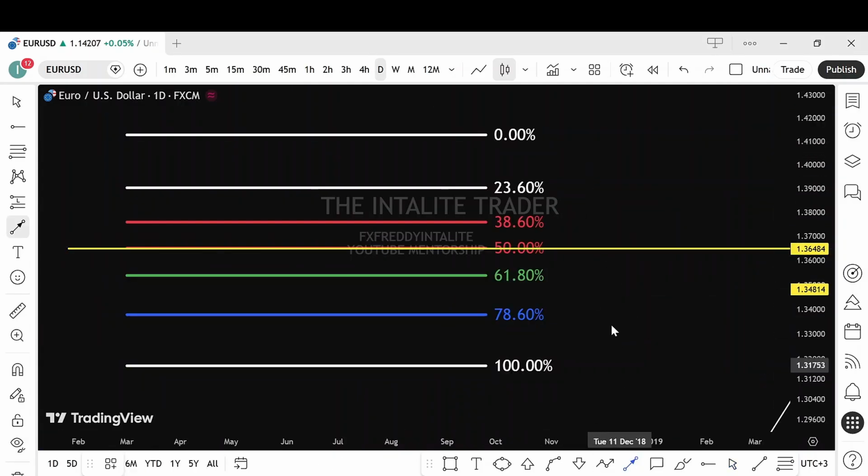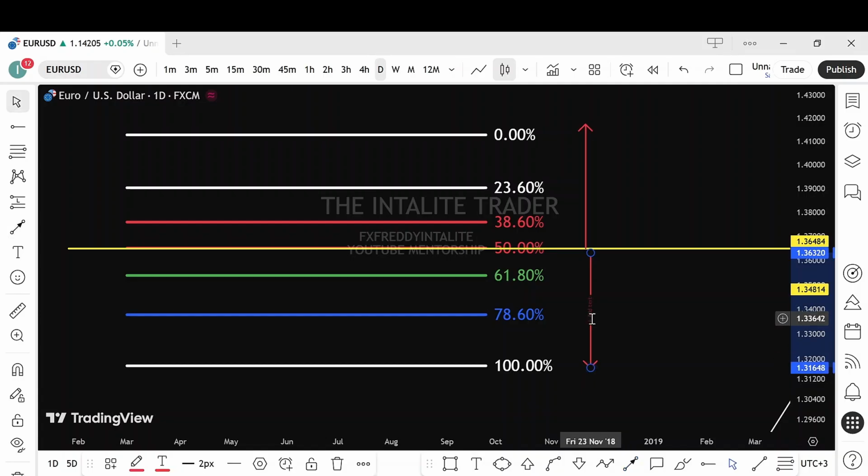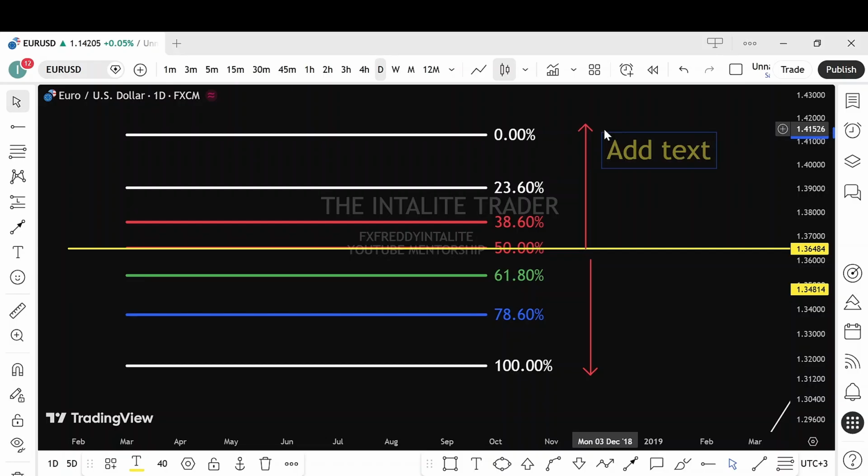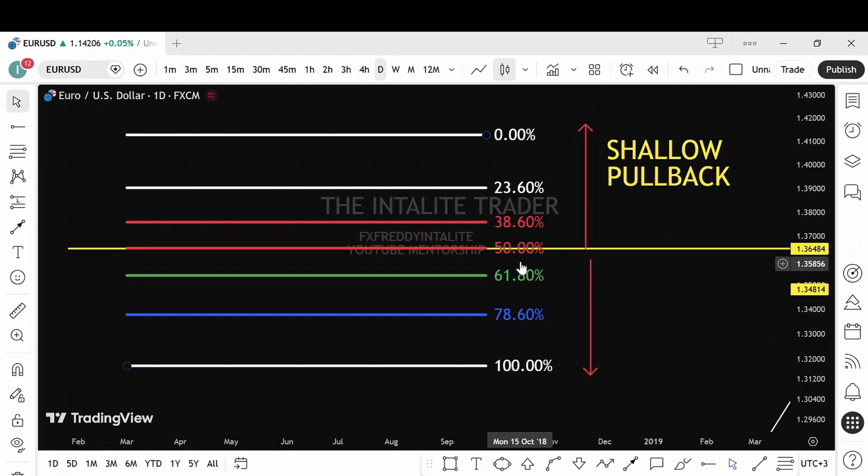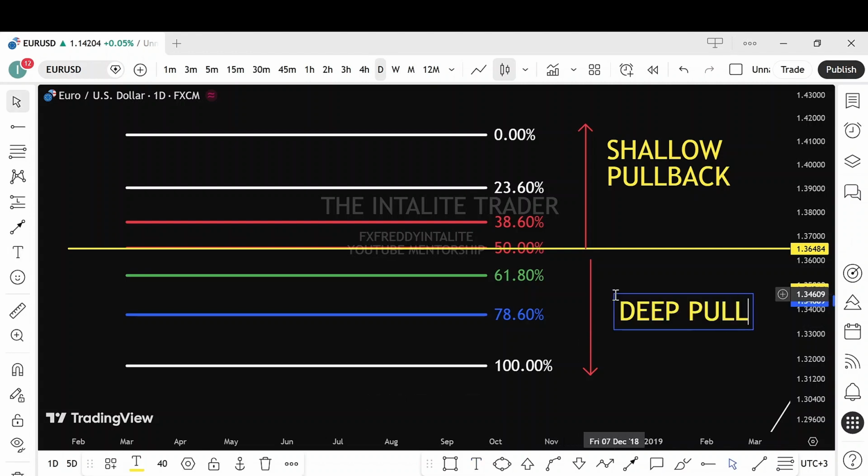Anything here and anything below here, this one we shall call shallow pullback. And then anything between 50 and below, that one is called deep pullback.